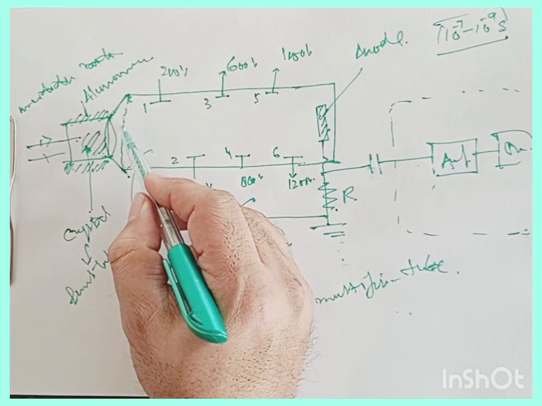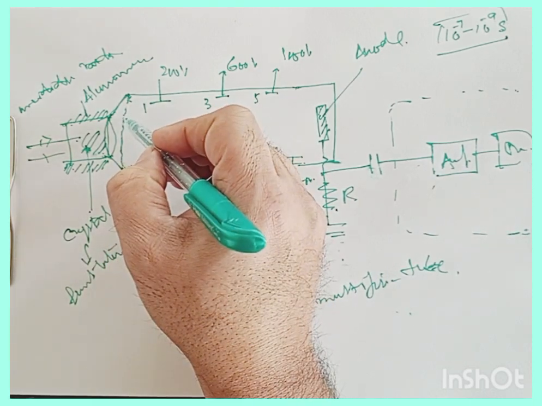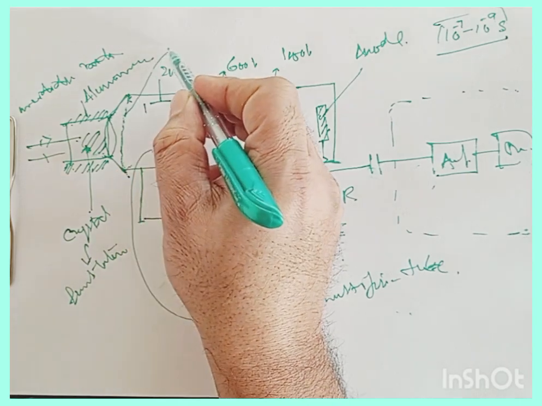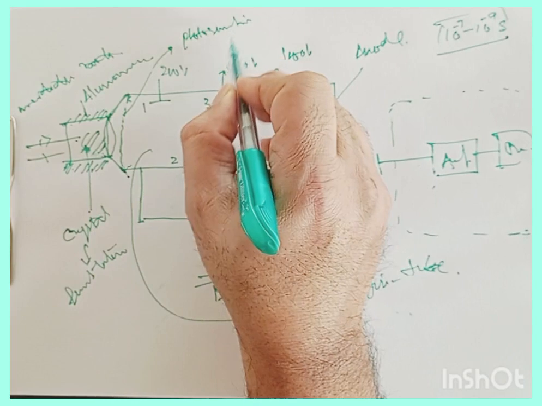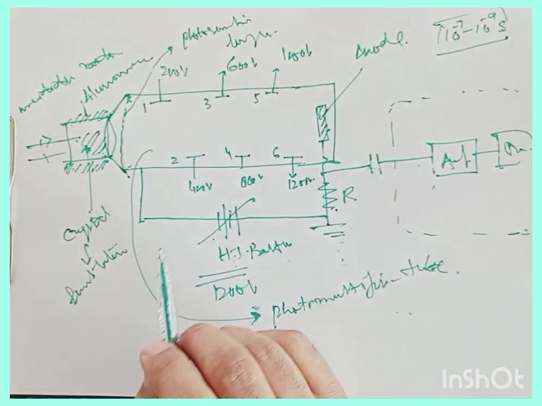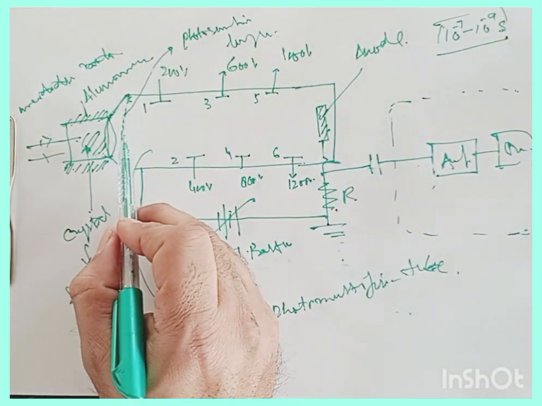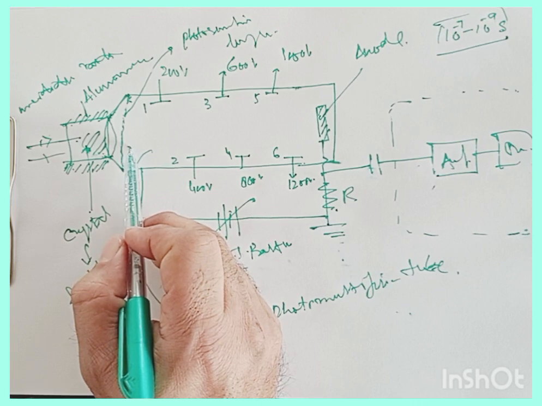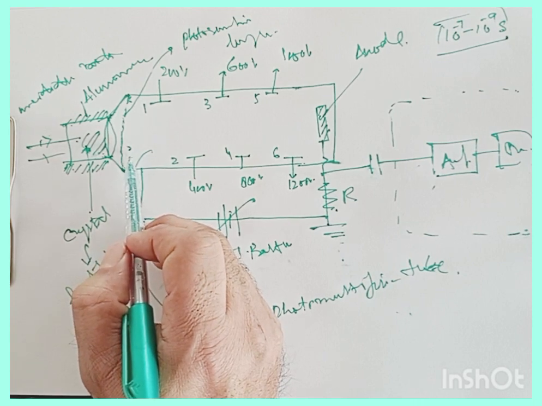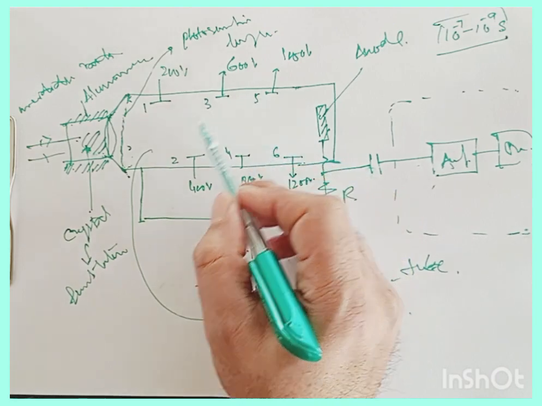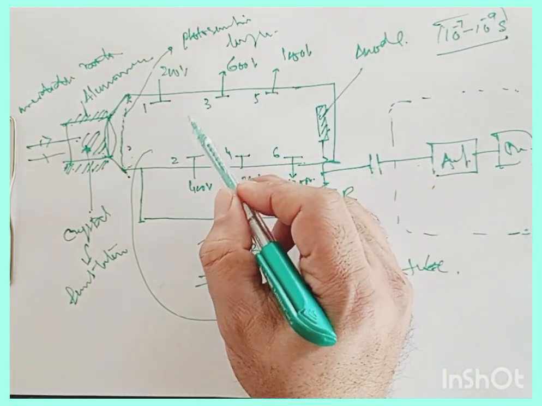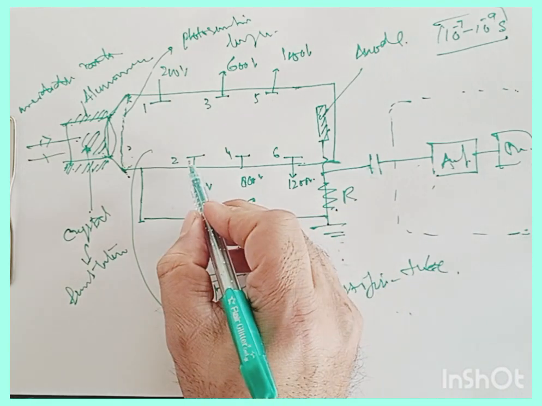And what happens? The electrons are ejected. The tube that we have has many electrodes that you can see here, and all of these electrodes are called dynodes.